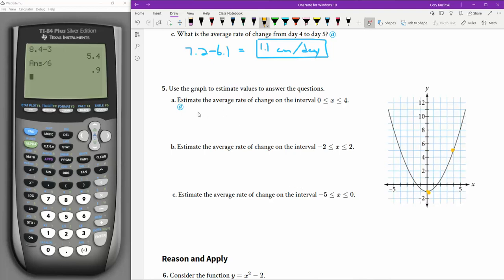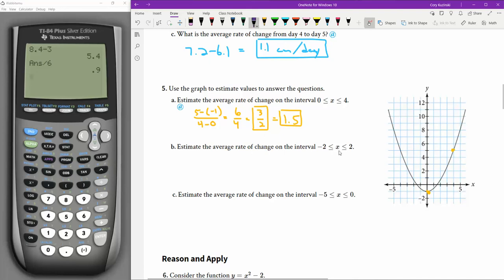So I'm going to do 5 minus -1. Those are my outputs over 4 minus 0. And that's going to give me 6 over 4, which is 3/2. A lot of people are probably going to put it in their calculator and say 1.5. Okay, whatever. Either one works just fine.